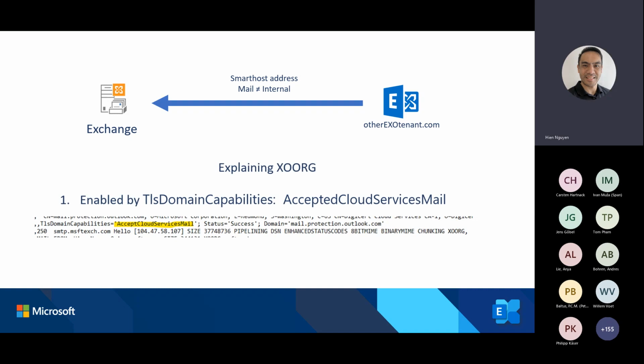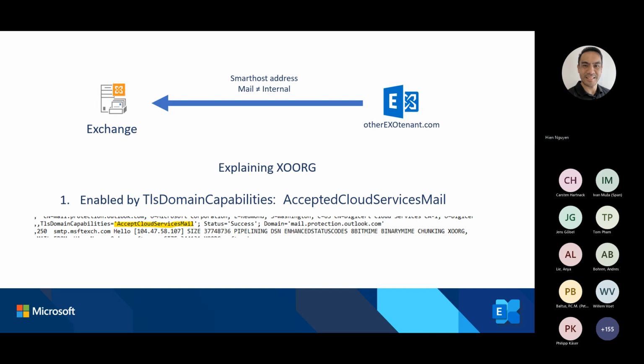So let's talk about X originating org. This is what Exchange on-prem uses to trust Exchange Online. So when we enable TLS domain capabilities on-prem on your receive connectors, we can see in the verbose logging that its capabilities are listed.